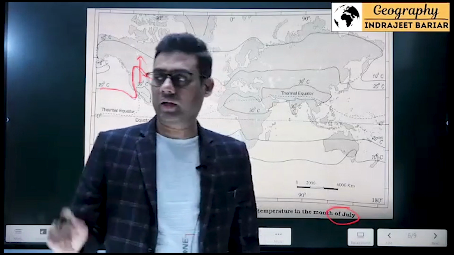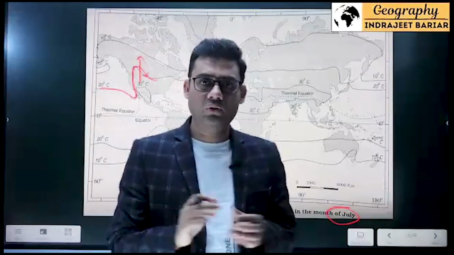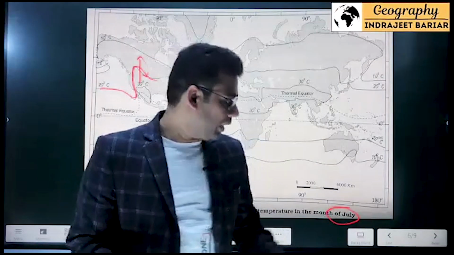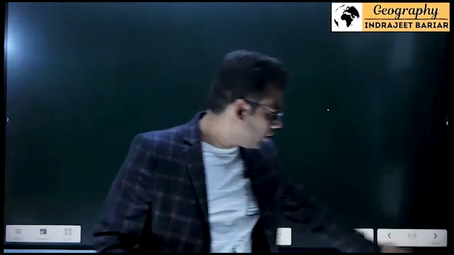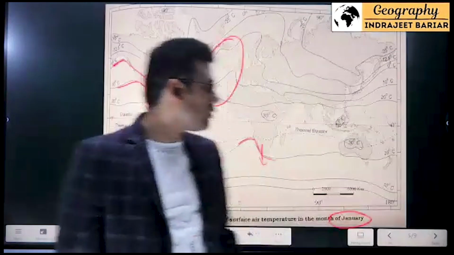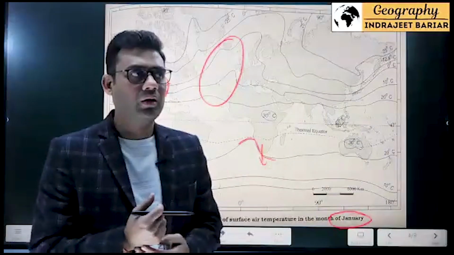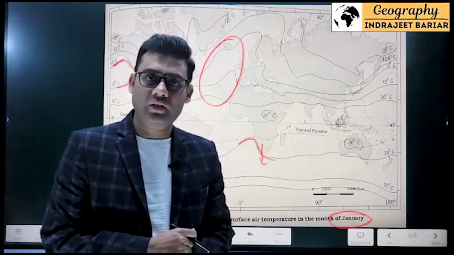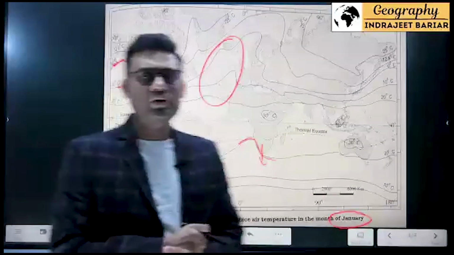Apart from that, another aspect related to isotherms, with respect to spacing and bending, is where I compare the northern hemisphere and southern hemisphere. Which one has more of land-water differential?